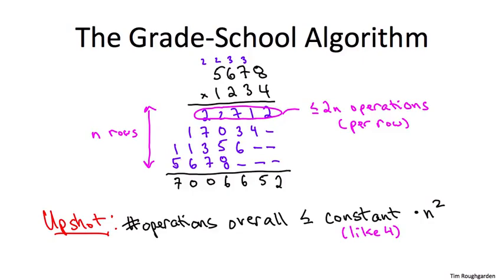For example, if you double the size of the input, if you double the number of digits in each of the two integers that you're given, then the number of operations you will have to perform using this algorithm has to go up by a factor of 4. Similarly, if you quadruple the input length, the number of operations is going to go up by a factor of 16, and so on.